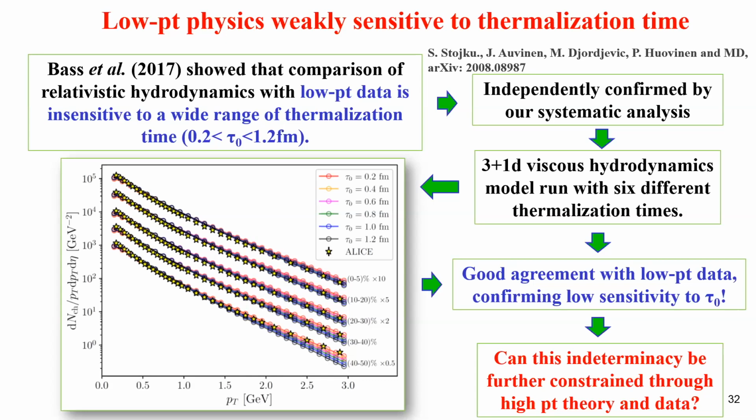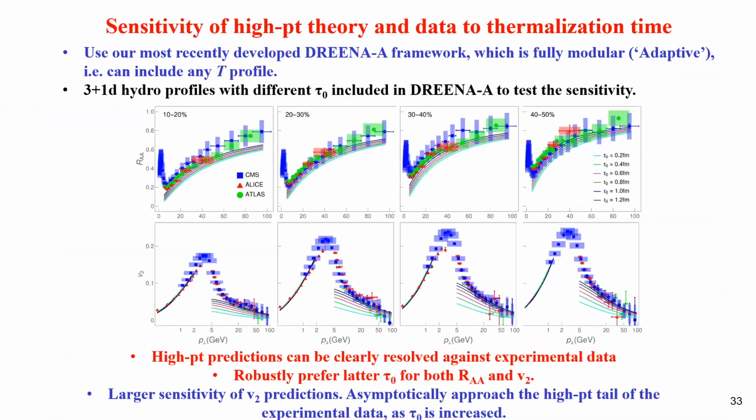We said, let's do the same thing and see whether we can further constrain it with high pT data. First, we see that we really recover their results, and that what they obtained is really reasonable and is recovered by our low pT studies. Moreover, we see that v2 is completely independent of these different tau zeros, but we see that high pT is sensitive. So that is what we did.